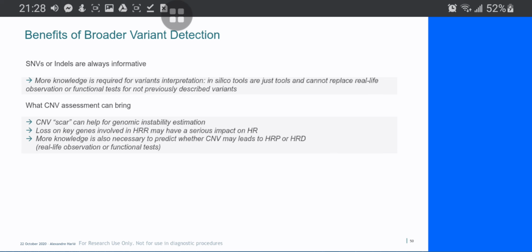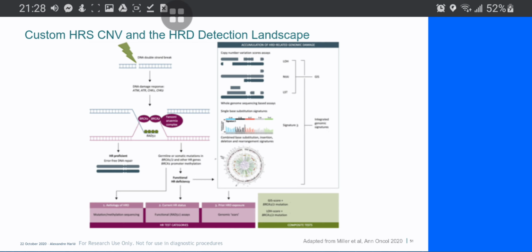So I wanted to show this slide because it was published a few days ago in Annals of Oncology, and it's really interesting to see where we stand in HRD detection.